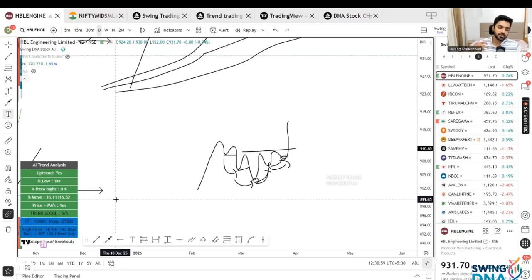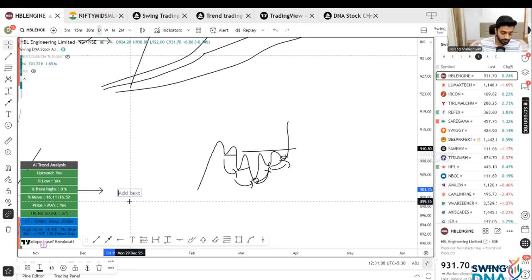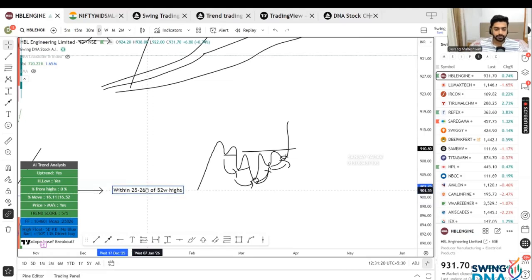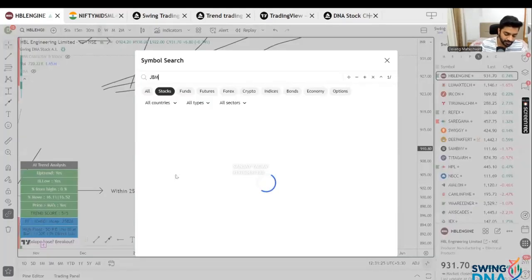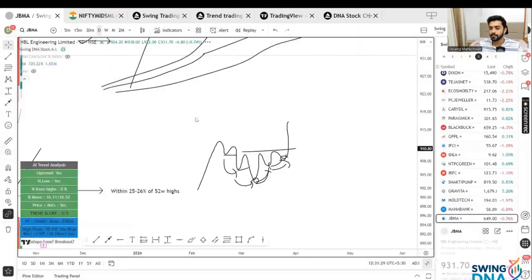The faster paced movement which came, the price was always within 25-26% of highs, of the 52-week high. Not below it. Let's see some examples and how to see it.